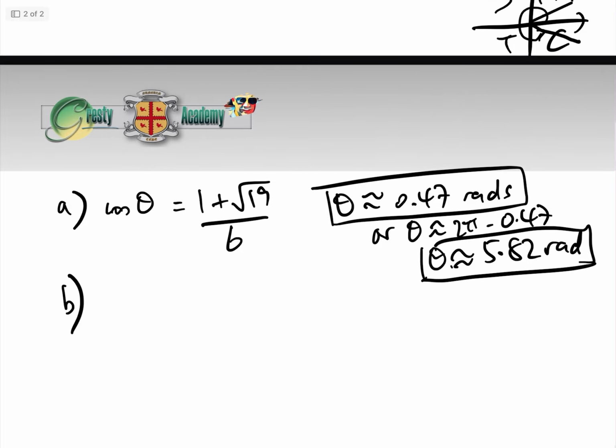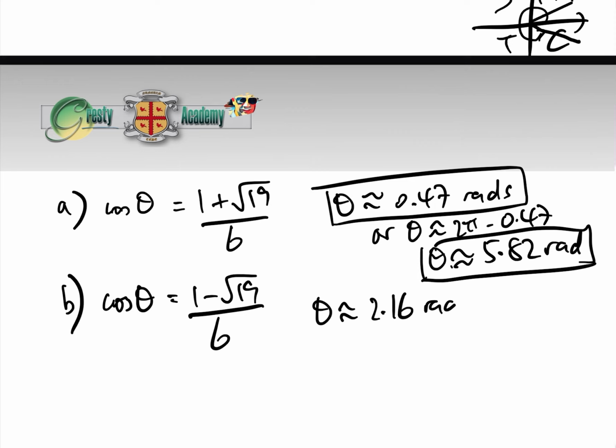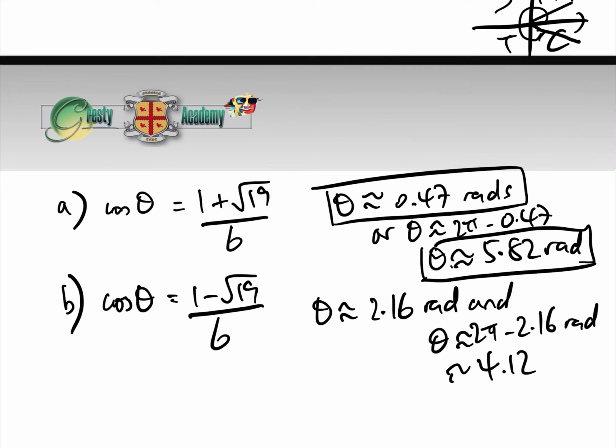The second answer we get is cos theta equals 1 minus root 19 over 6. That gives us theta approximately 2.16 radians, and theta approximately 2 pi minus 2.16 radians, which is 4.12 radians.